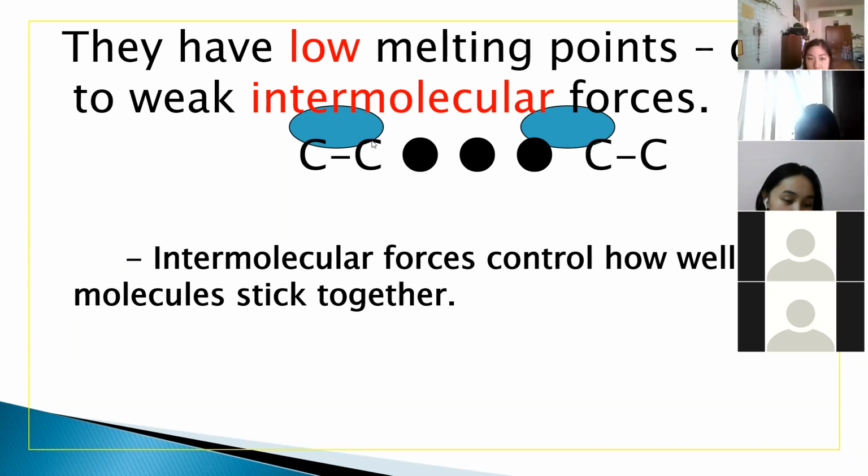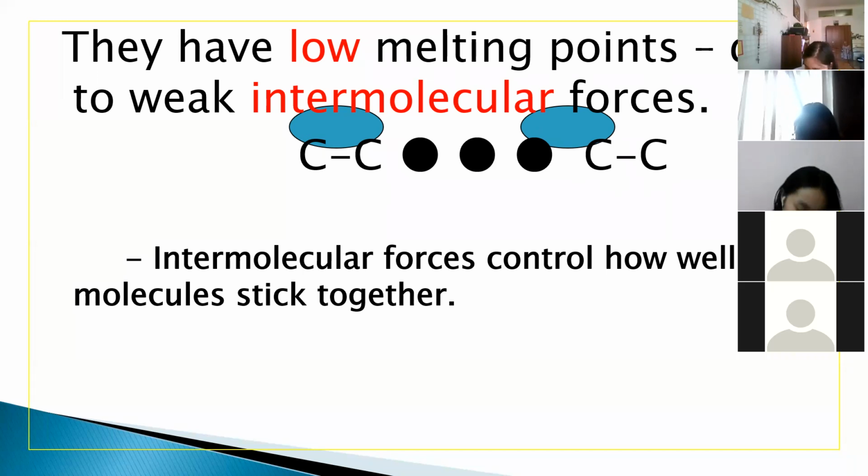And the attraction or the bonding is called the intermolecular forces. So again, when you say intermolecular forces, it's the bond that is formed between our molecules. Okay, between one molecule of this carbon to carbon bonding and another molecule with this carbon to carbon bonding. Now, these intermolecular forces are weak.